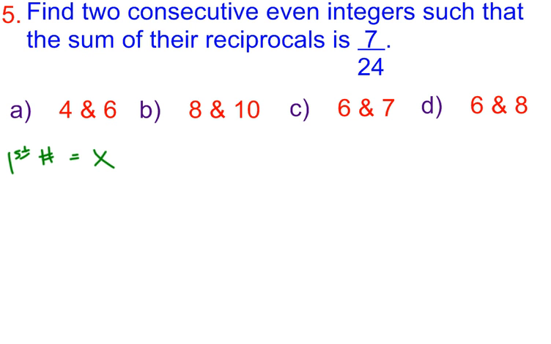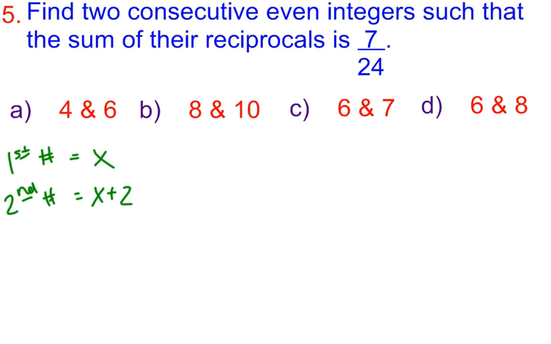Now if they're consecutive even integers, it'd be 2, 4, 6, 8, 10, 12. So to go from one number to the next, I would have to add 2. So there are my first two numbers, x and x plus 2.